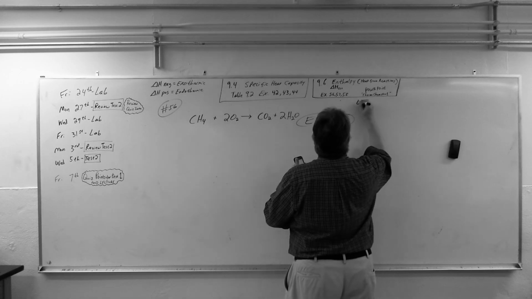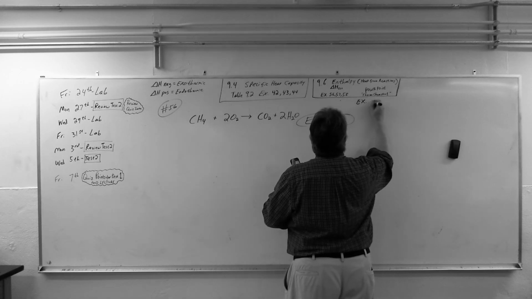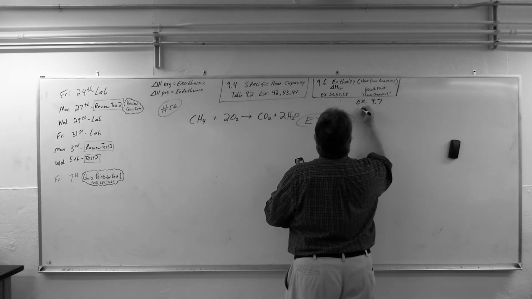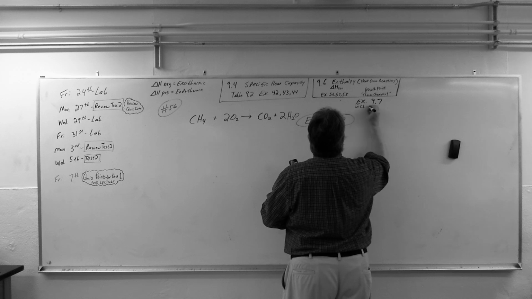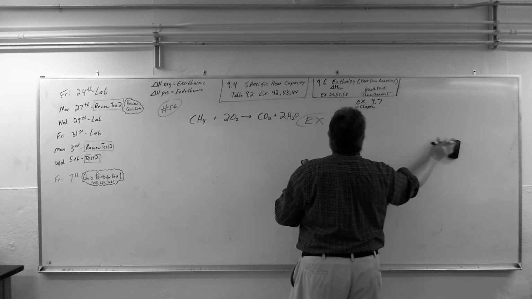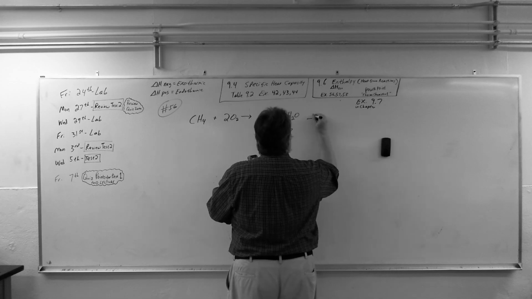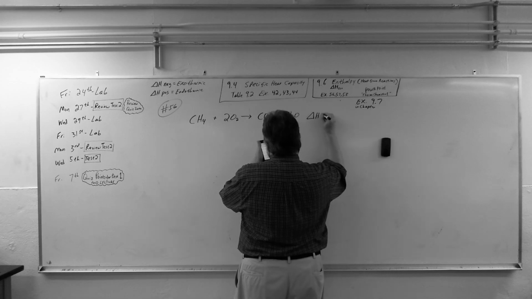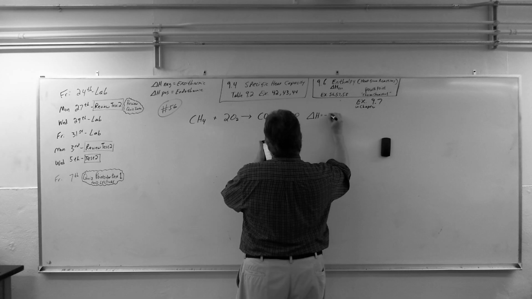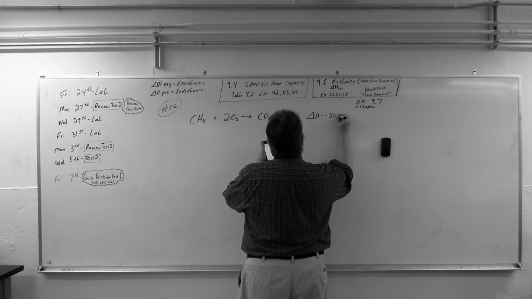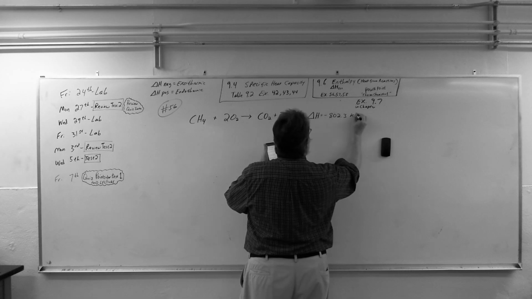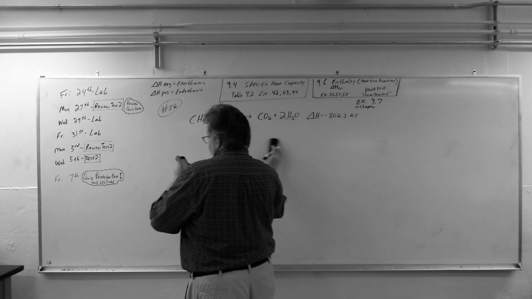So I did 9.7 in the chapter, and I'll put over here delta H equals negative 802.3 kilojoules. So there's your information.